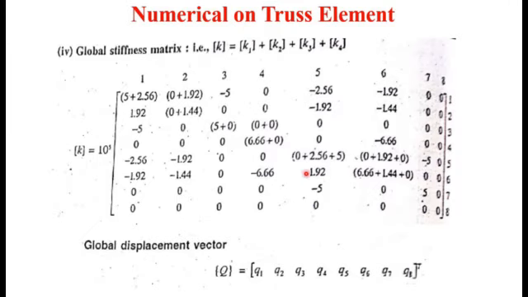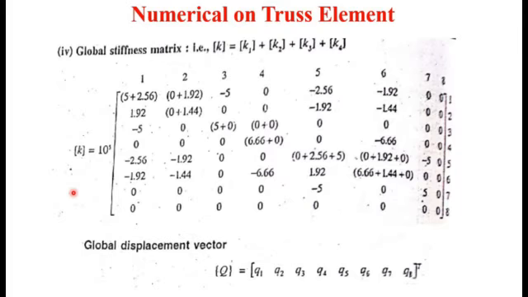So these values we should add properly, 5 and 5, 6 and 6, from the previous stiffness matrices, and finally we will get this global stiffness matrix k.